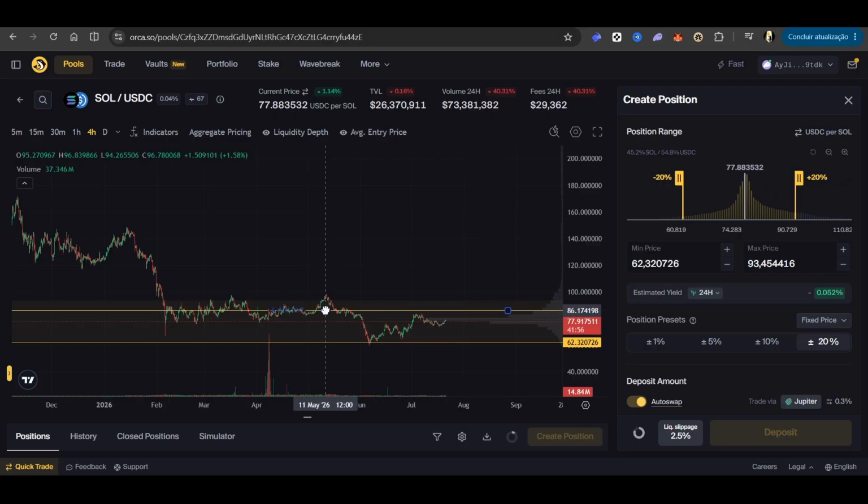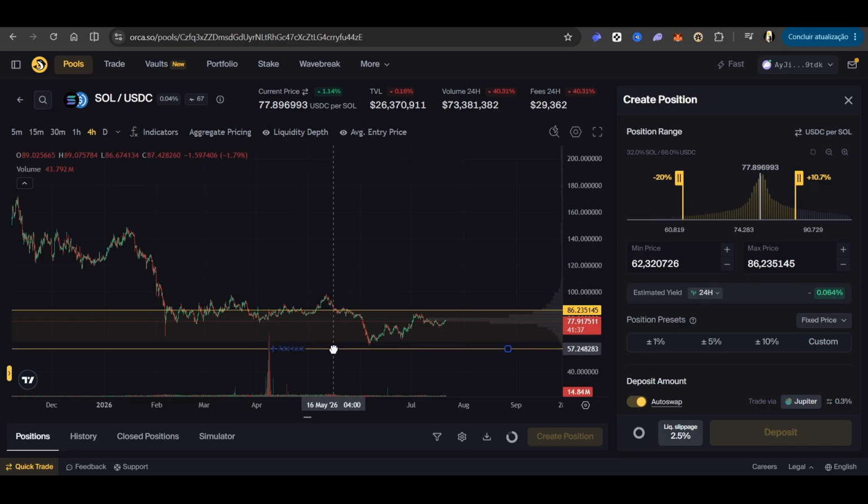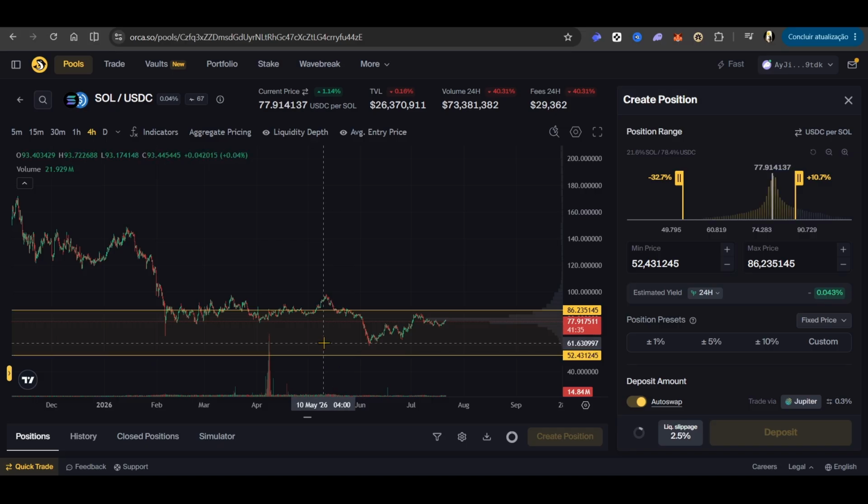You would lower here to 10%. You see now it's 9.5. You can also come here on the right side, insert a max price manually or minimum price manually, or just play around with this like so. But since we lowered 10% on the upside, we can also lower it 10% on the downside. So something like this. But now we have $2,000 in deposits in different positions earning us yield. This would be more conservative, again, because we are more protected on the downside, but you can also apply this on the upside.